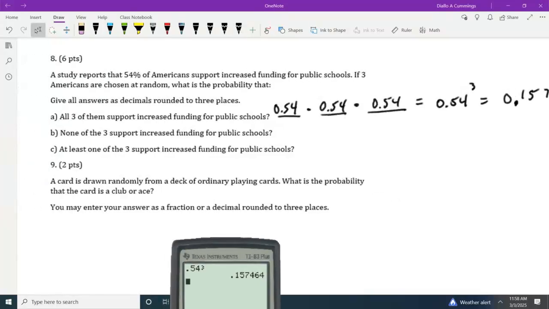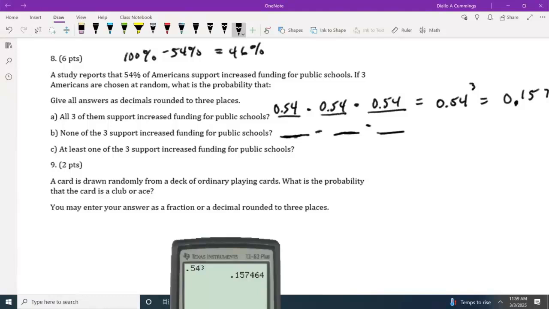B says none of the three support increased funding. So again, we're going to map out three outcomes. Now, if there are 100% of Americans in total, if 54 support, how many don't support? I can just subtract, right? 100% minus 54% should give me 46%, right?